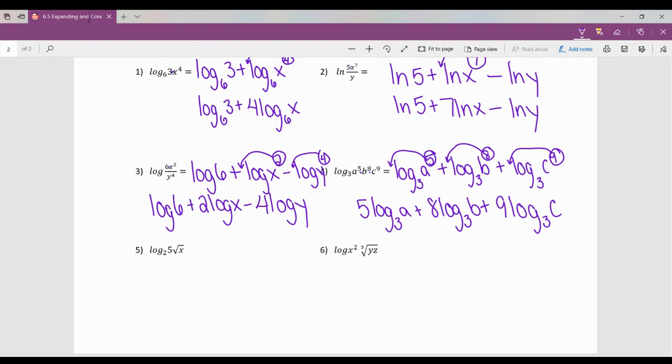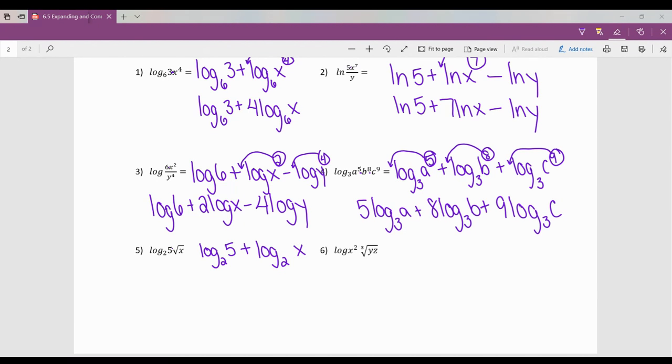All right, so we've got 5 times the square root of x. So it's going to be log base 2 of 5 plus log base 2 of the square root of x. Okay, now here's the trick with this. Ready? I'm going to erase the square root symbol.